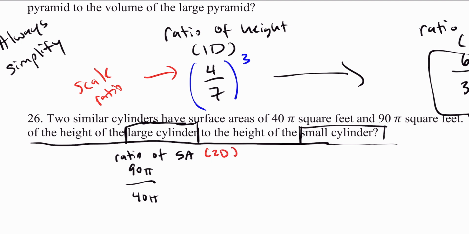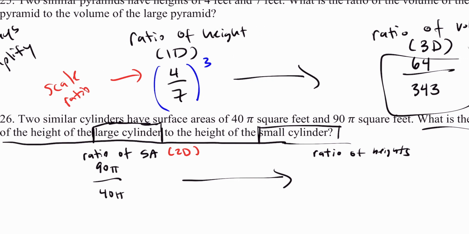Now, I gotta bring it down to the ratio of the height. So I gotta convert that to the ratio of the heights. What dimension is height in? 1 dimensional. So if it's currently 2 dimensional and I need to get into 1 dimensional, what do I do with this?